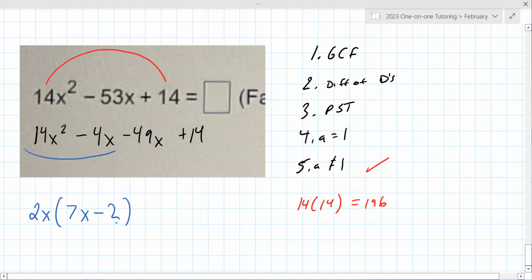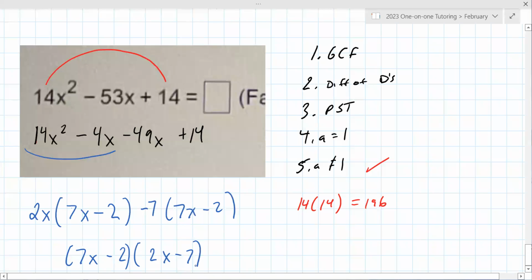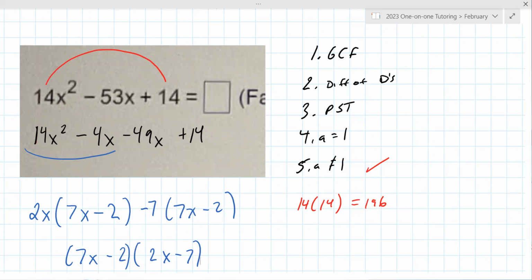Good. And then it'd be +7. You've got to get its opposite sign because you're trying to get to -49x and +14. Oh yeah, it's a -7. Just a small little change to your answer, but that is your final answer on that one.